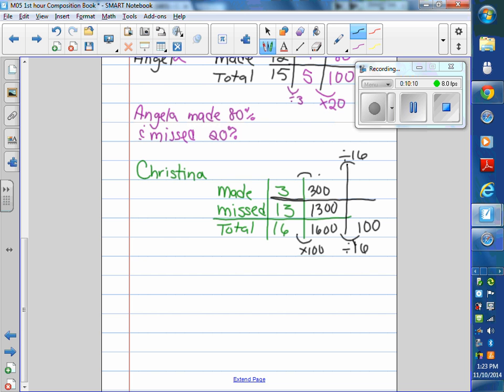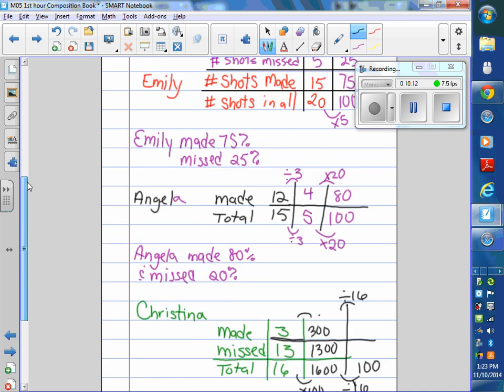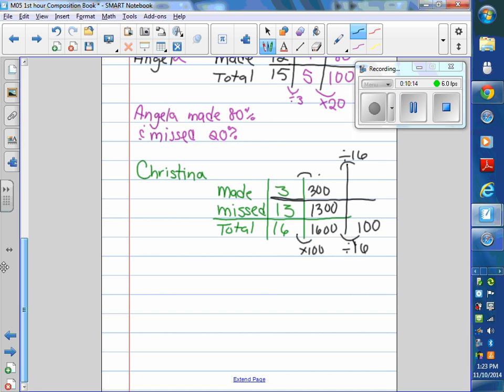So up here, this is the made, and this is the missed. So I have to divide everything by 16. Okay, so if I divide 300 by 16, 16 goes into 300 how many times?